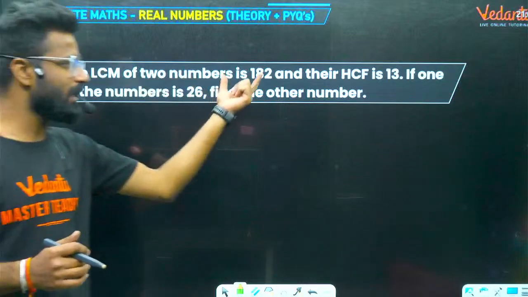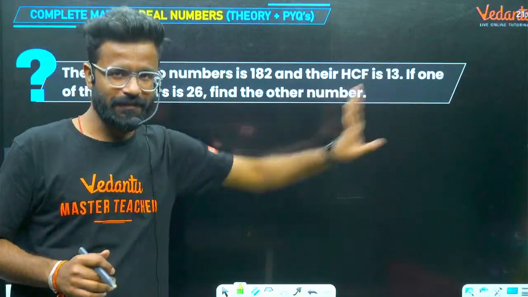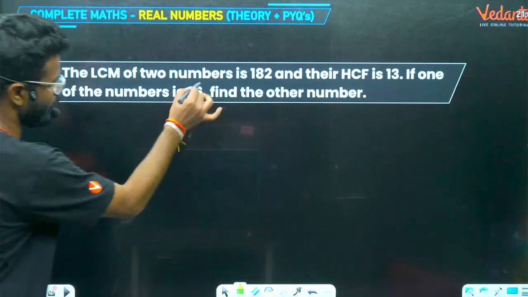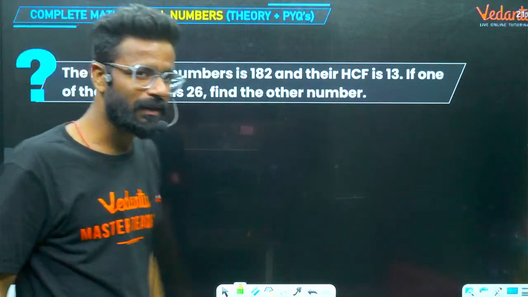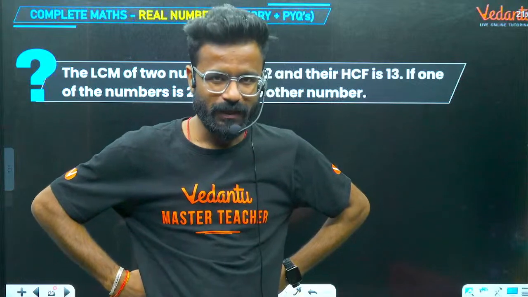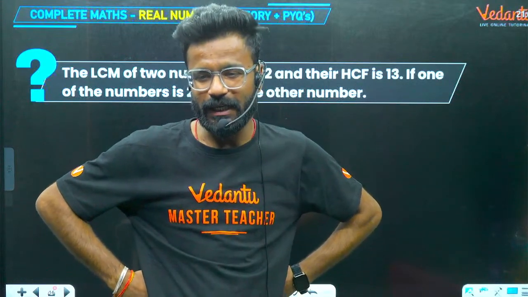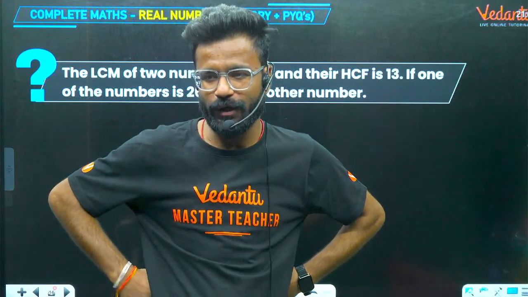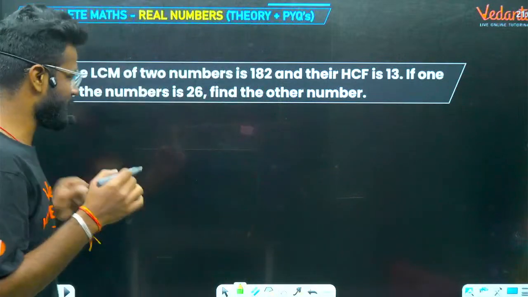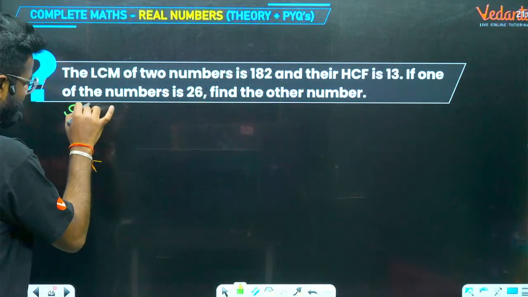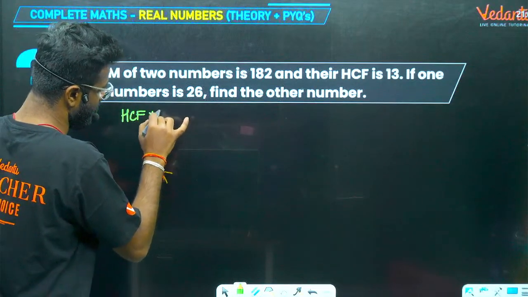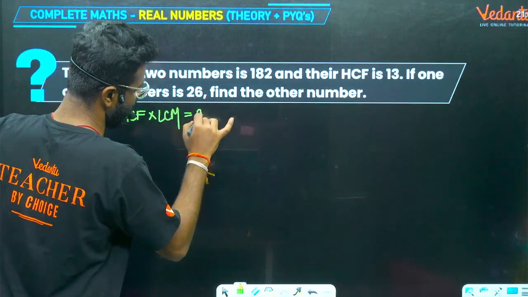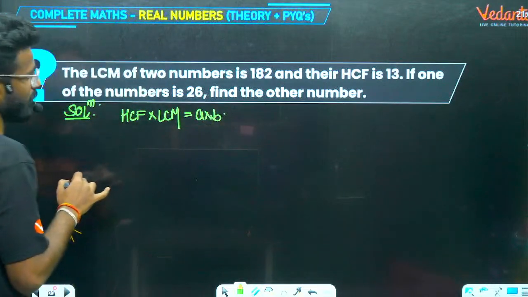The LCM of two numbers is 182 and their HCF is 13. If one number is 26, find the other number. What is the relation between HCF and LCM? Sir, HCF into LCM is equal to the product of the two numbers.